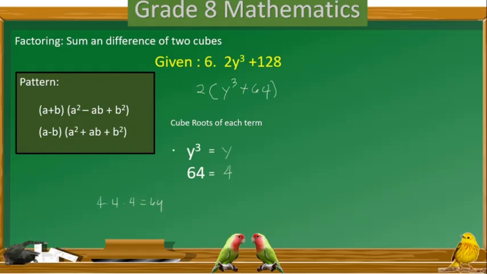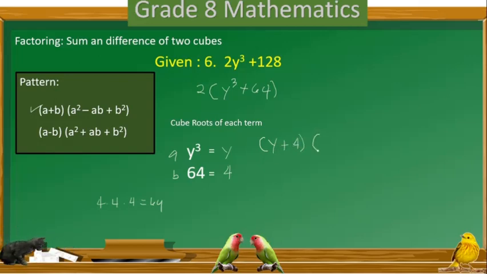So this is our A, this is our B. What pattern? This one. Our A is y, plus the value of B, 4.